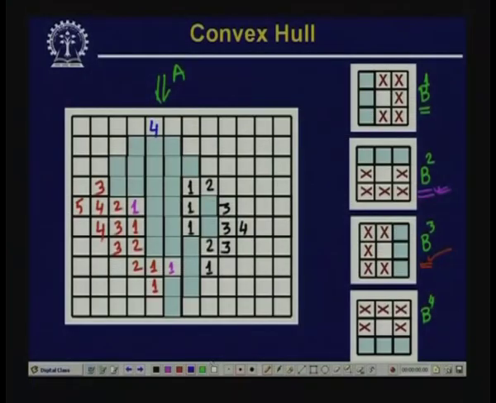The point set that I get after performing the union operation is what gives me the convex hull of the given set A. So, in this particular case, all these points form the convex hull of the given set A, because if I take the union, I get all these different points. These are all the points that I get.